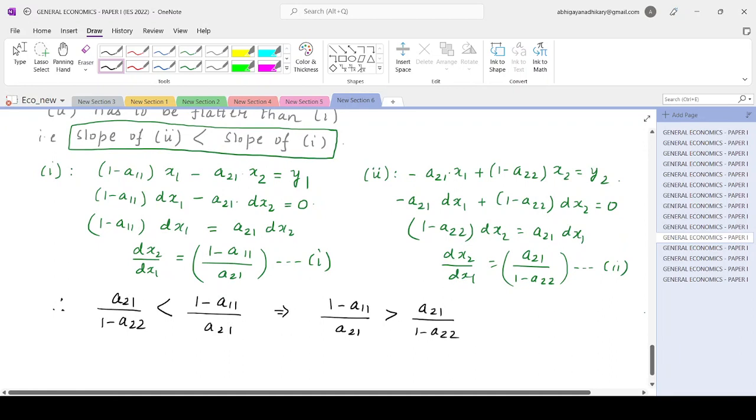This basically boils down to writing (1 minus a11) into (1 minus a22) minus a12 a21 is greater than 0, which is the Hawkins-Simon second condition.